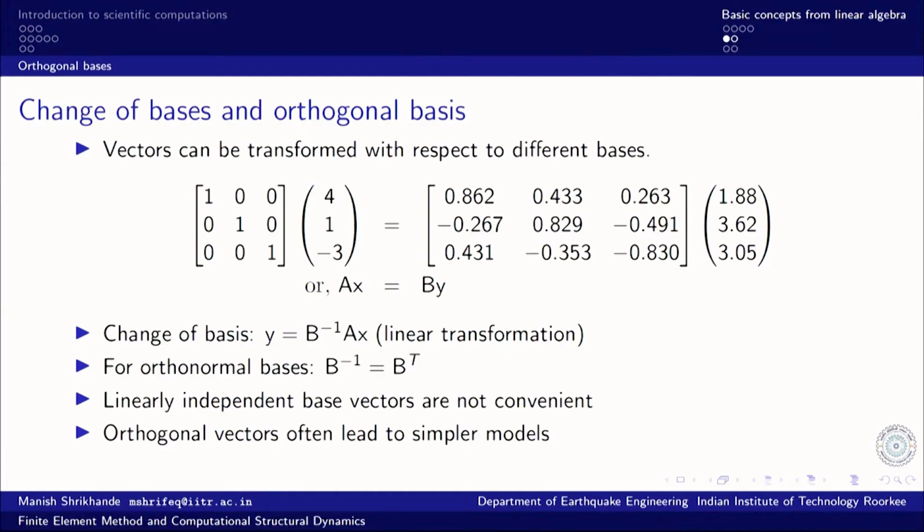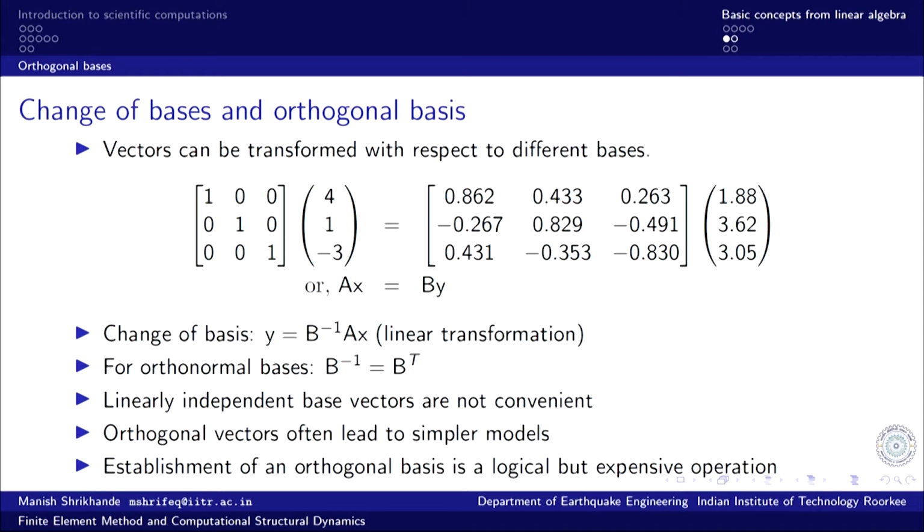So, that is why linearly independent vectors, although they are very general, are not convenient because of the need for more elaborate computation for finding the coordinates. Orthogonal vectors are much simpler, and they will often lead to simpler models in computation.